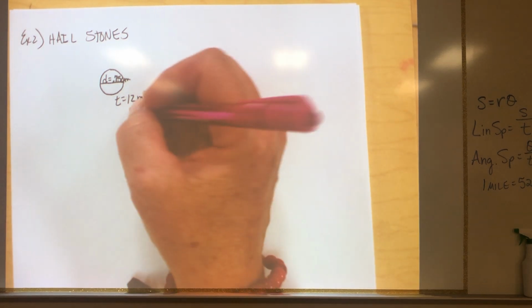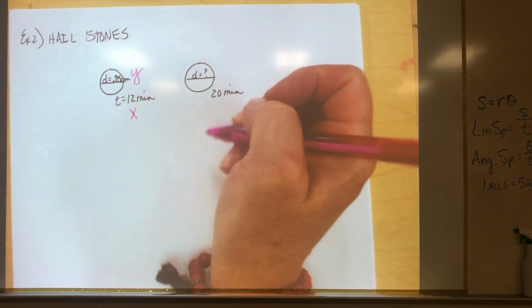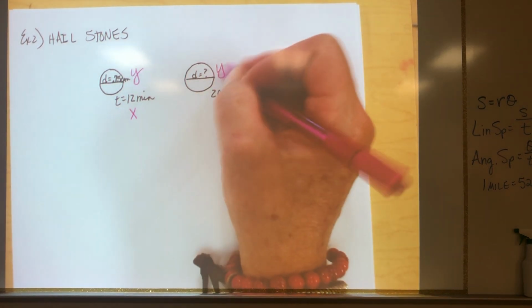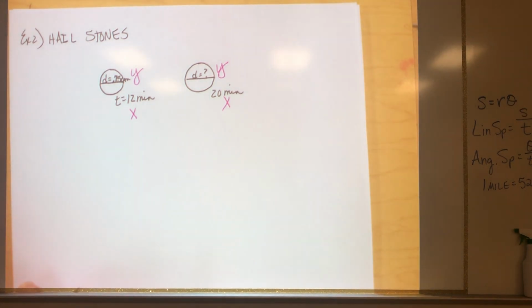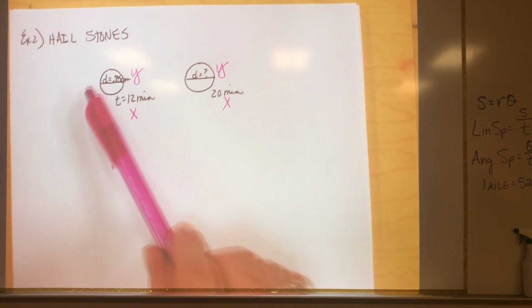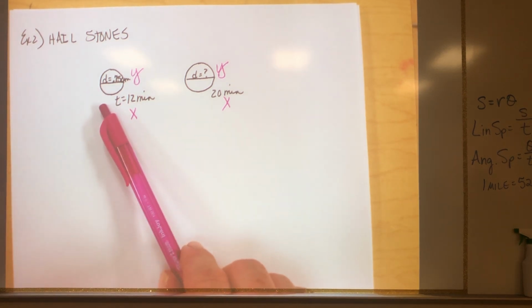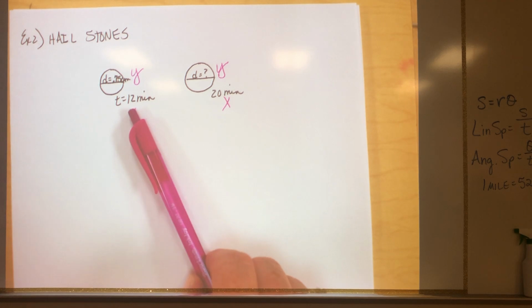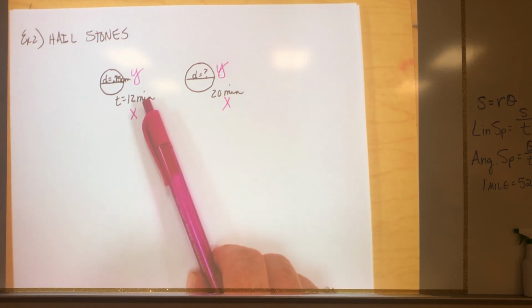Time is X and diameter is Y. Now, if I asked you to write an equation, would you use X's and Y's? No. I gave you D's and T's. There were no X's and Y's in this problem.